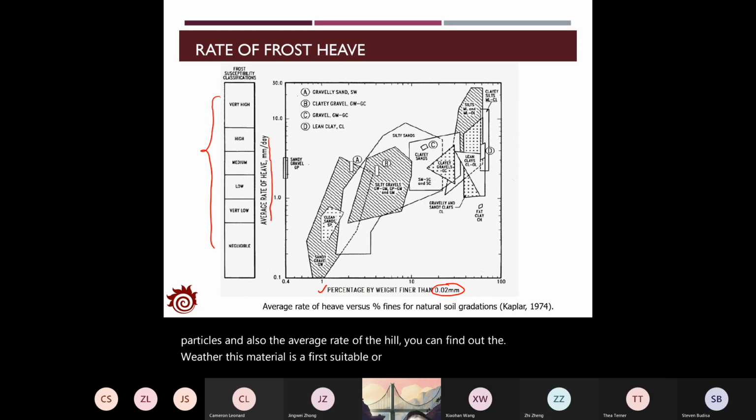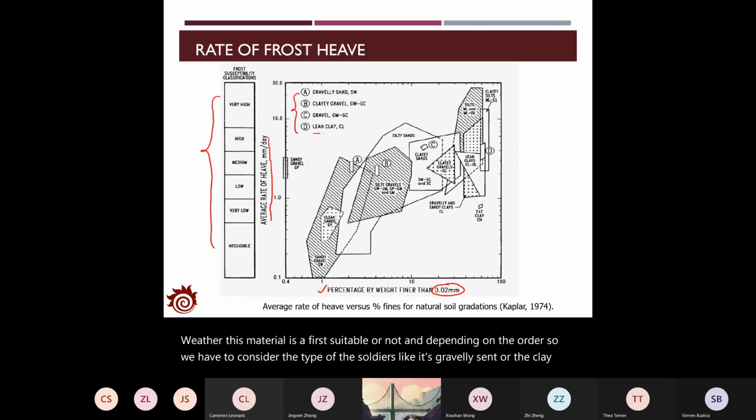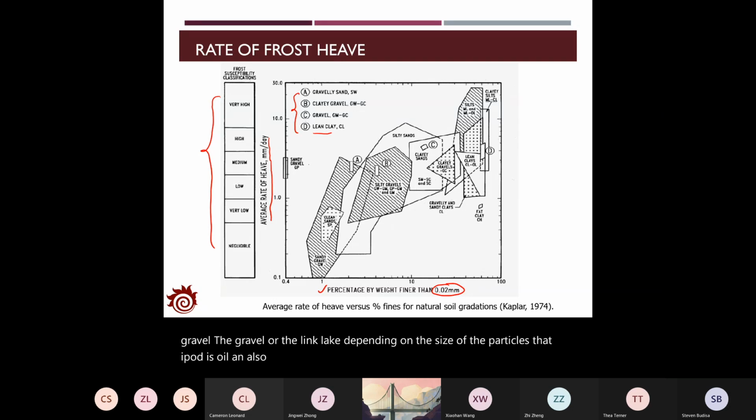We also have to consider the type of soils, like gravelly sand, clay gravel, gravel, or lean clay, depending on the size of the particles, the type of soil, and also the average rate of heave. And this is the second way for you to identify the rate of frost heave.